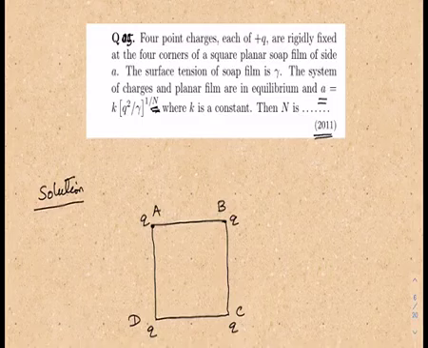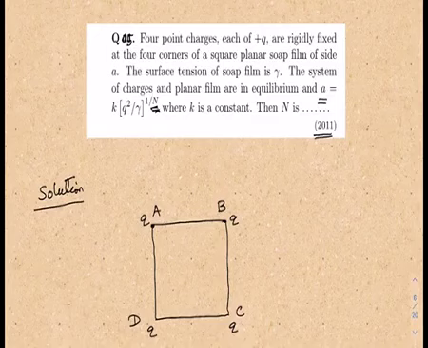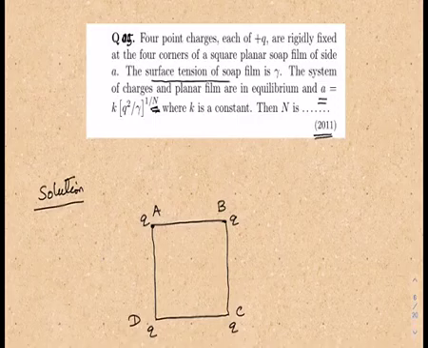First of all, if you look at it, given in the problem, the surface tension of the soap film is given to be gamma.